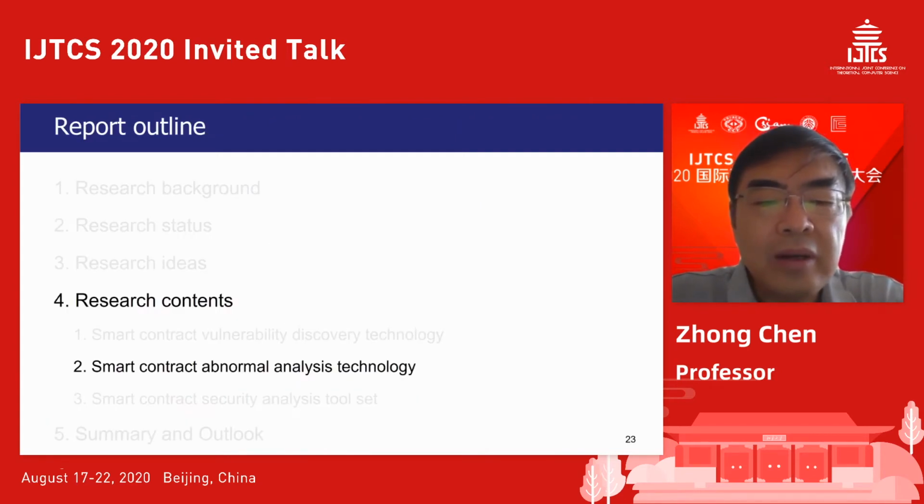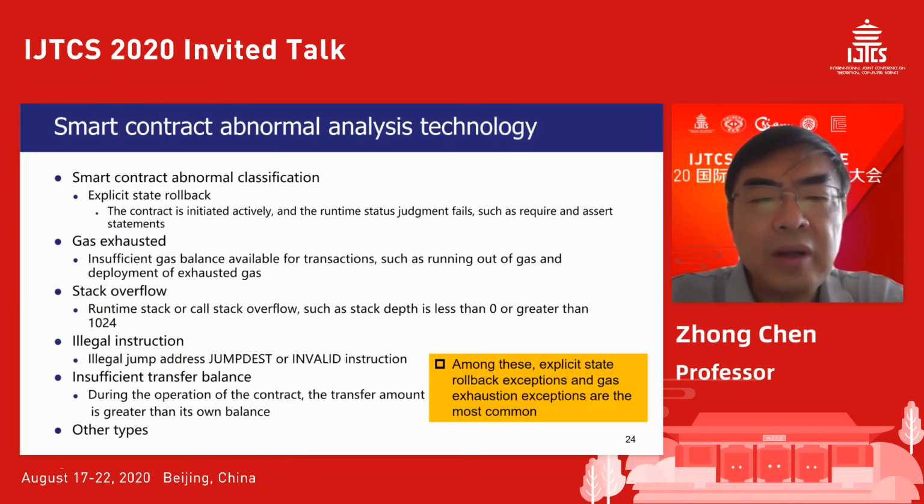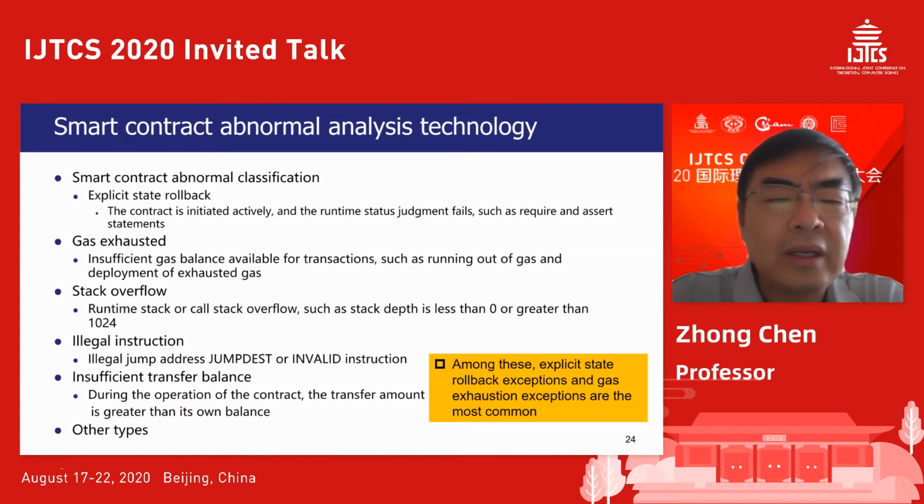Well, the smart contract abnormal analysis technology covers some issues here. First, smart contract abnormal classification: gas exhausted, stack overflow, illegal instruction, insufficient transfer balance, and other types.